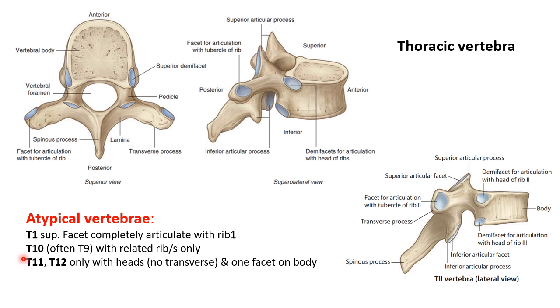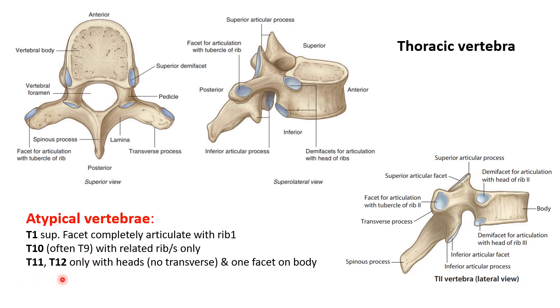T1 is atypical. T10 and often T9 as well. Why? Because it articulates with its related ribs only, meaning it has no articulations with the rib above or below. The 10th rib articulates only with the 10th thoracic vertebra. So T10 is an atypical vertebra, and more often T9 too.